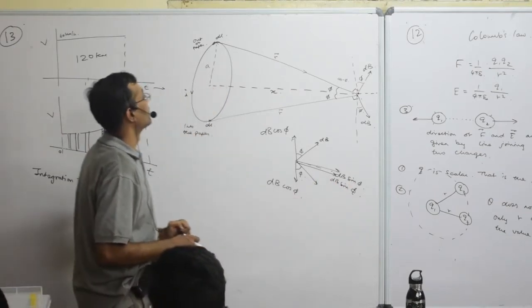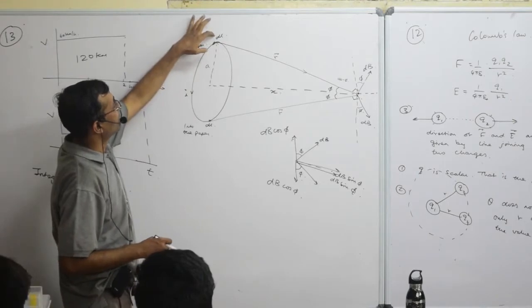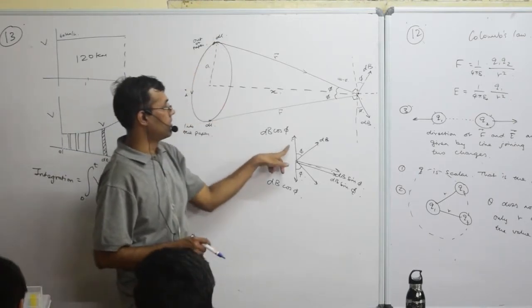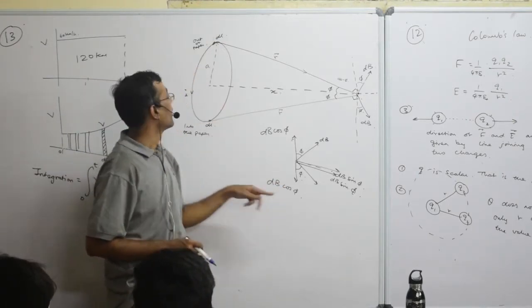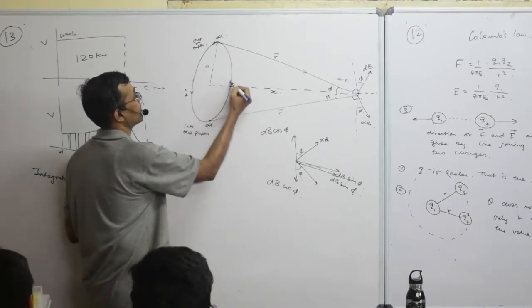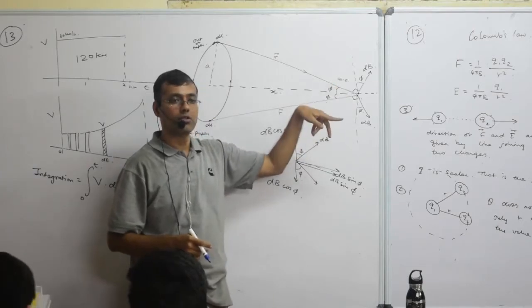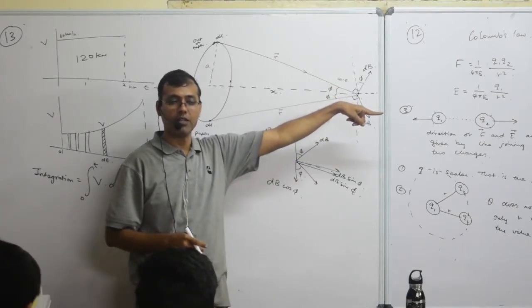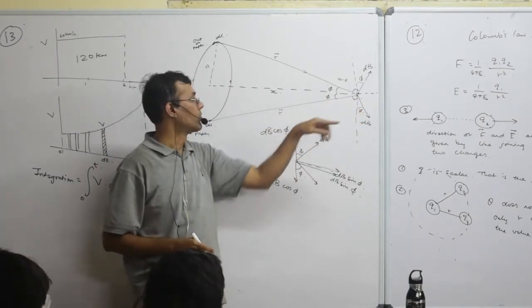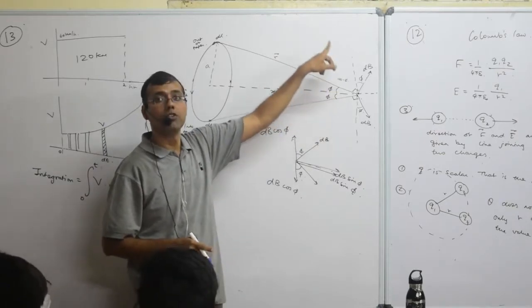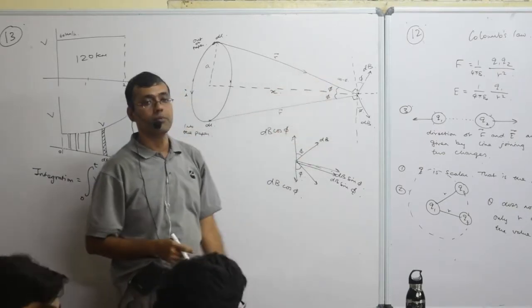What I am trying to say is, if I take this dL and this dL, I am seeing that this and this are getting cancelled out. If I take a dL here and here, similarly the cos phi will cancel out. Only the sin phi element will be there. Are you following what I am saying? So all the y components will be cancelled out.